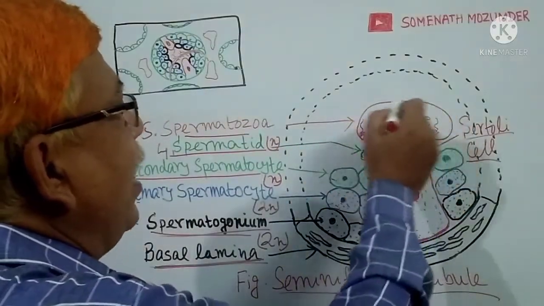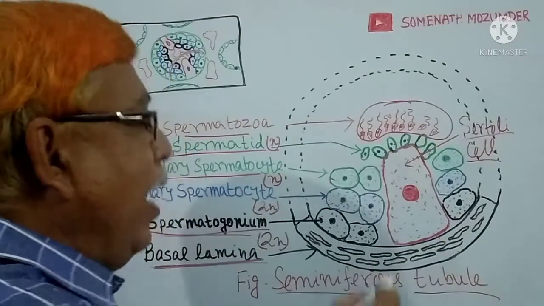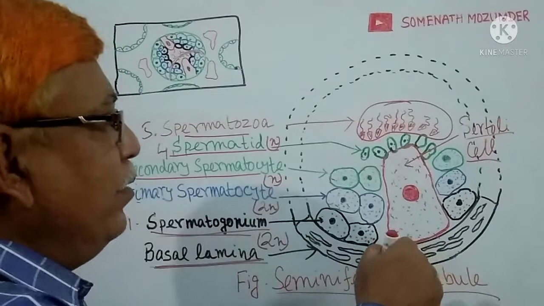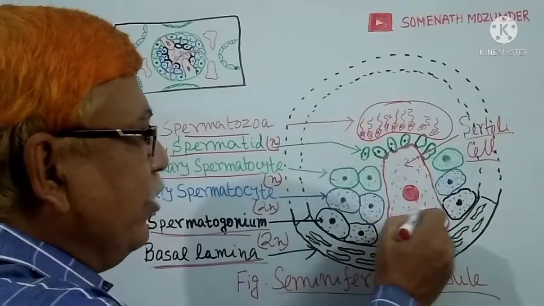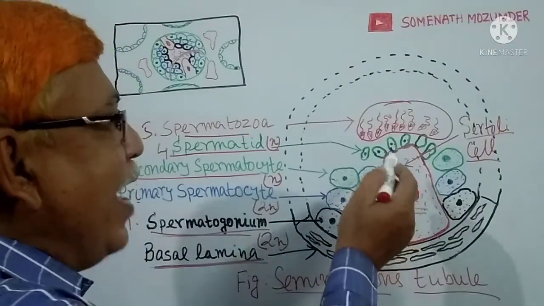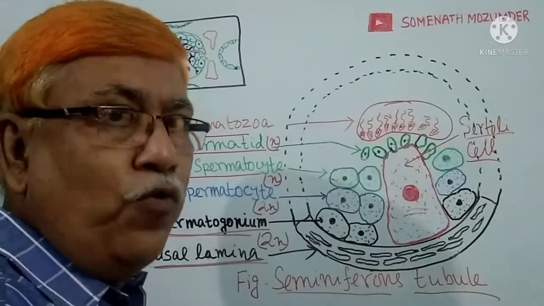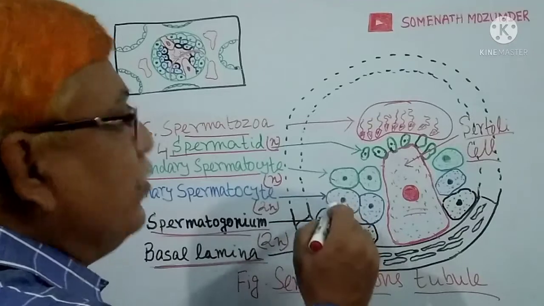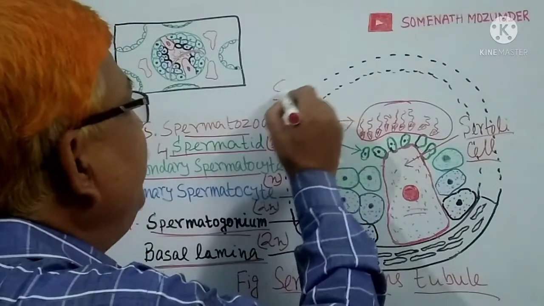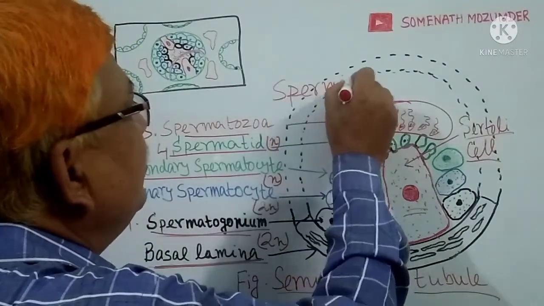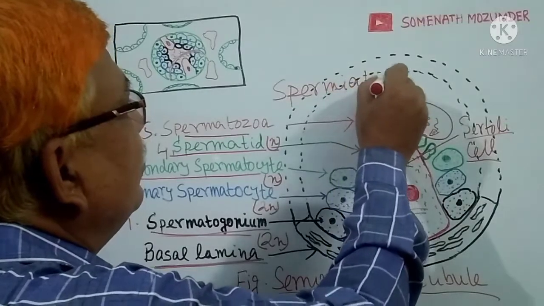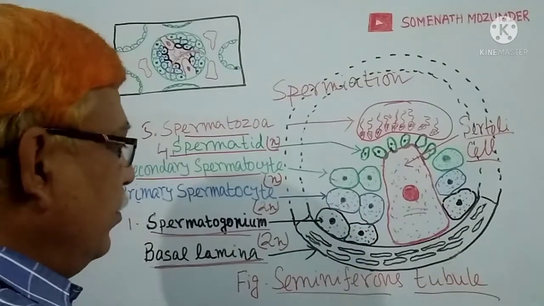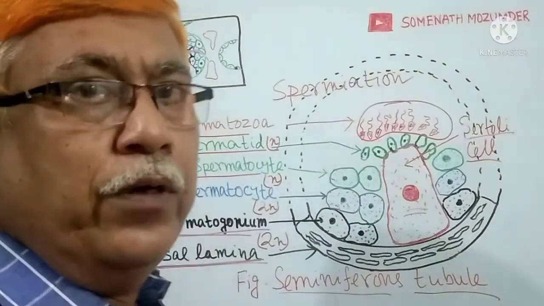After maturation, spermatids get nourishment from Sertoli cells and are released as spermatozoa, and this process is called spermiation. So this is all about seminiferous tubule.